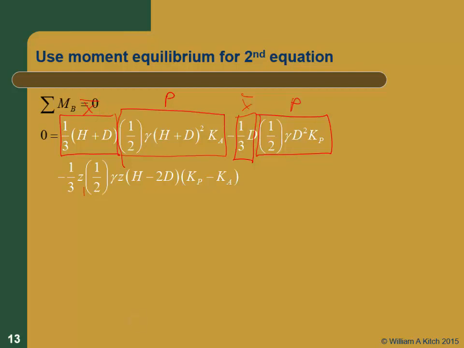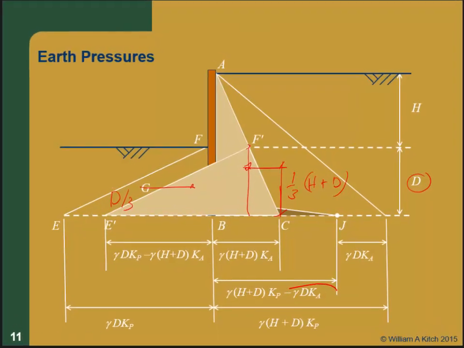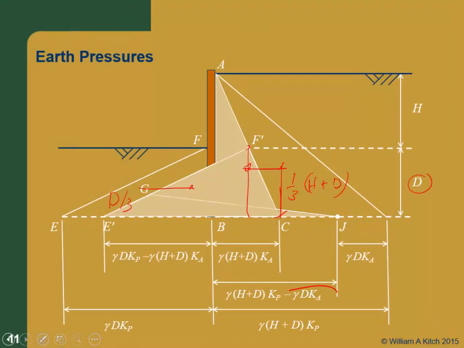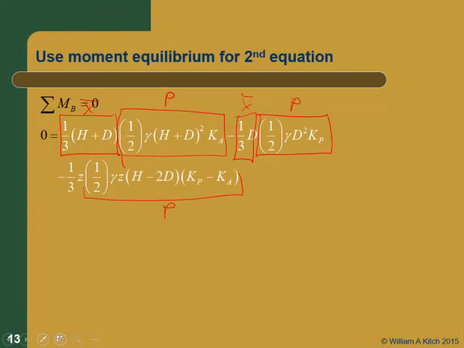And our third one, this was P. And that one has a height, you can't see it anymore because I covered it up, but this was Z, right? Was the height of that one? So its moment arm, X bar, is Z over 3. So now I'm in good shape. I can simplify this a little bit.